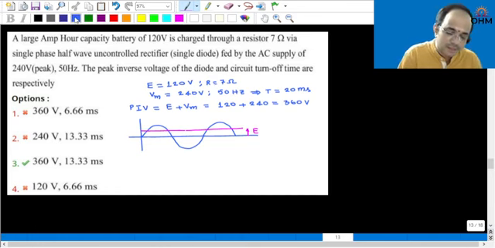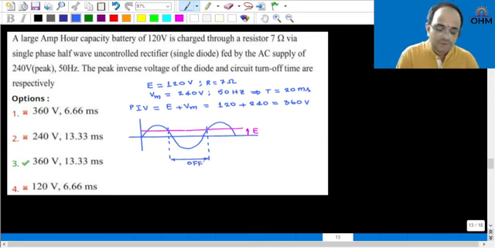So the diode will turn off from here to here. This is an off period. So from where to where is this turn off period?